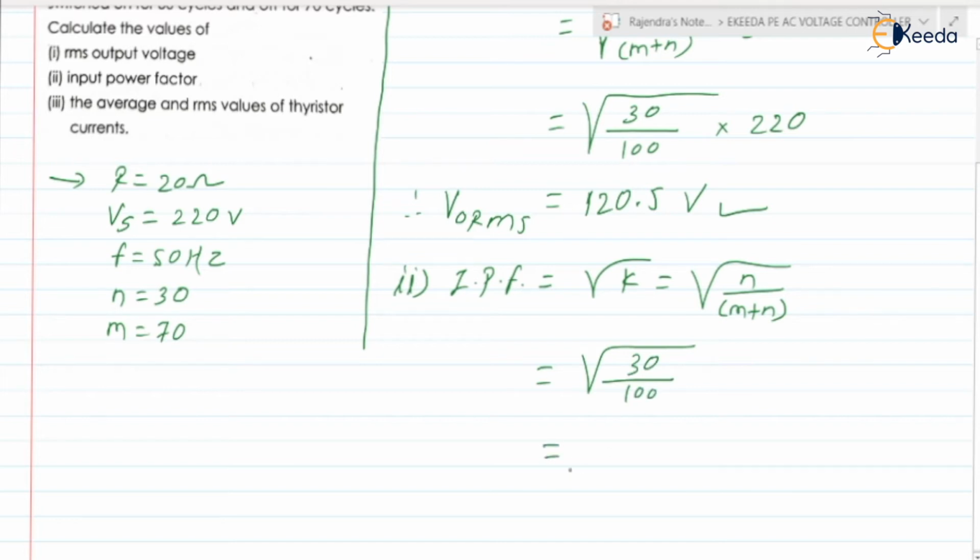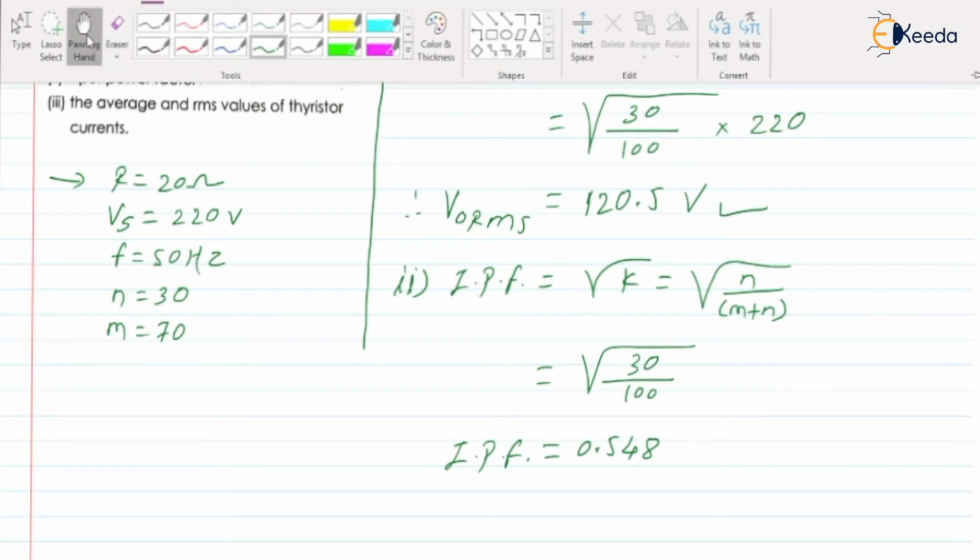So it is under root 0.3, under root 30 upon 100, which is equal to 0.548. This is nothing but the input power factor. This is for the second bit.